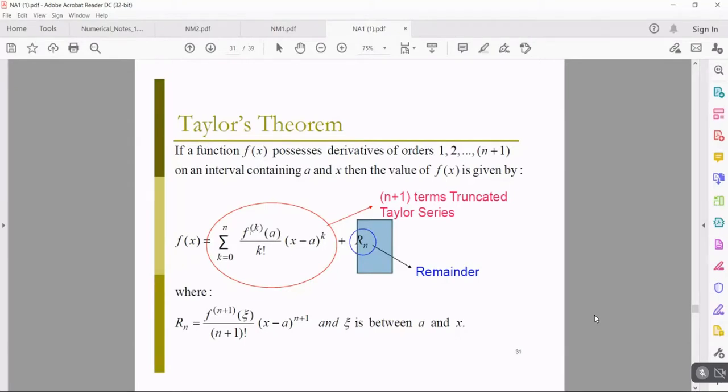So this is the way we have taken it: f(x) is approximated by the first n plus 1 terms. So what is the error? The error is given by this.